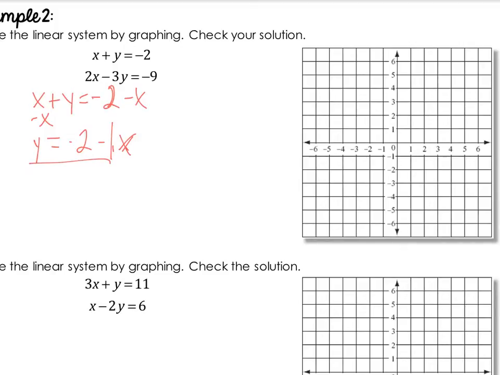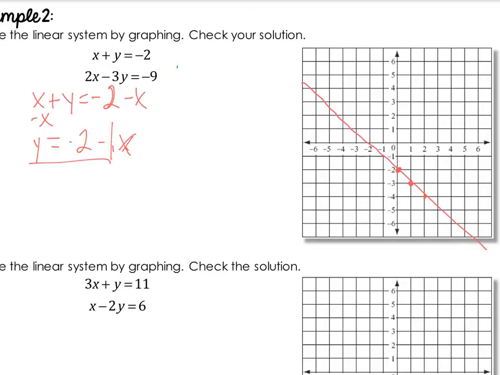This has a y-intercept of negative 2, and this has a slope of negative 1. So negative 1, I could go down 1 and to the right 1. Down 1 and to the right 1. We've got enough points for a line, so let's go ahead and make a super straight line. All right, that's not super straight, but okay.